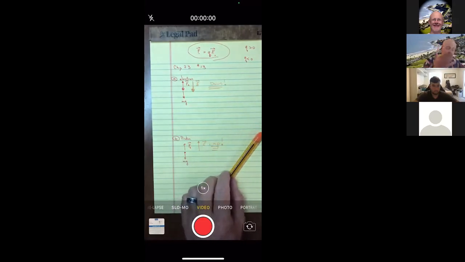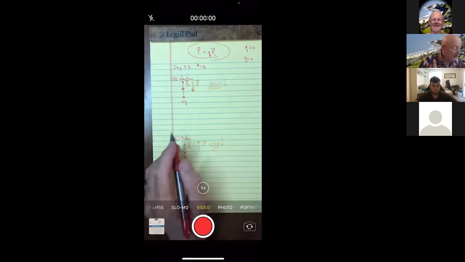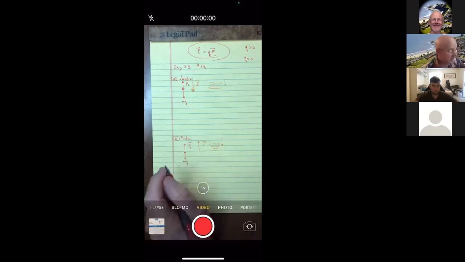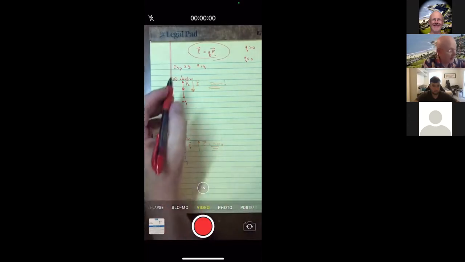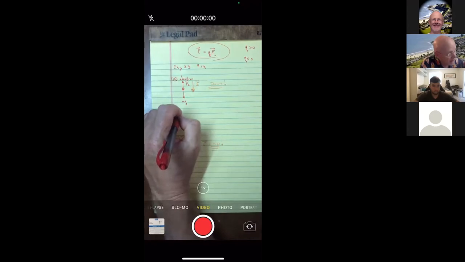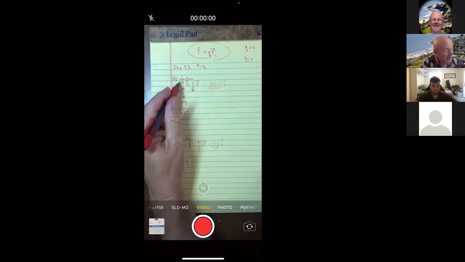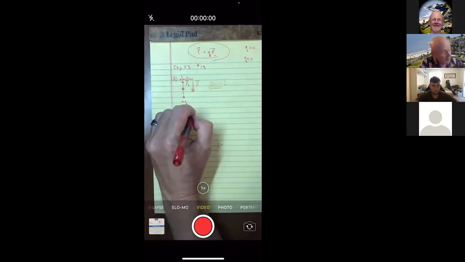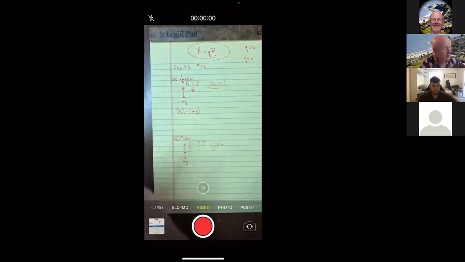Okay, so now the other half of this problem is saying you want these two to balance, so we're trying to say that the magnitude of the electrical force pushing it up is equal to the magnitude of the gravitational force pushing it down.